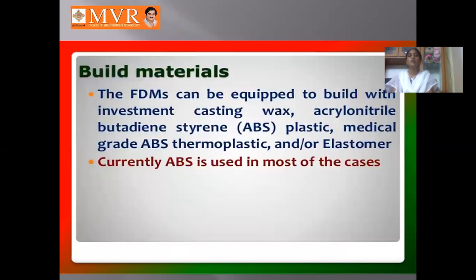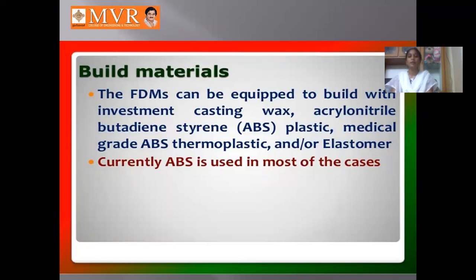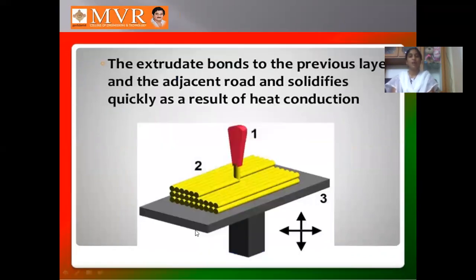Okay, and these materials have chemical properties like ABS, and also medical grade ABS, thermoplastic, and elastomers. Okay, and this is the type of material which we use in the processor. And this is the extruder.